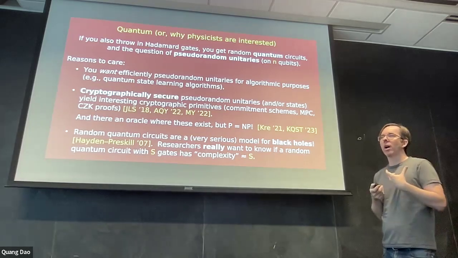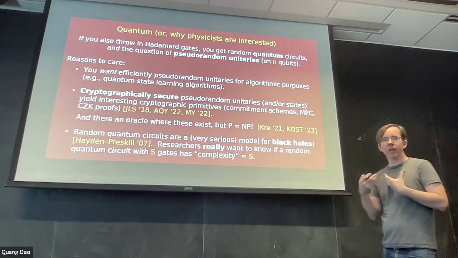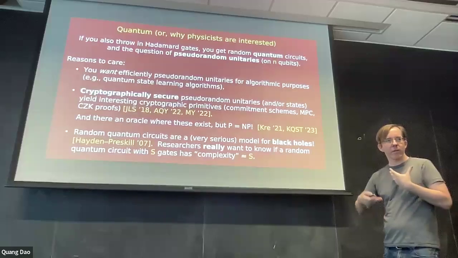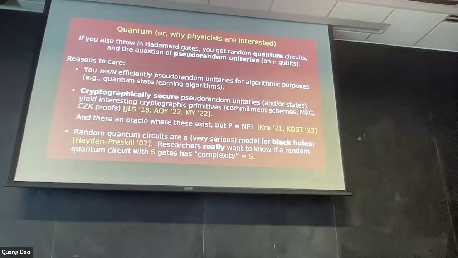You can ask yourself, what is the smallest quantum circuit that computes the same unitary that this random one I just picked does? Or maybe approximately. Like counting arguments? You would think that in the classical world, where everything is discrete, a counting argument would help you answer this question. It's actually not so easy. I'll say something about the classical world in a second.